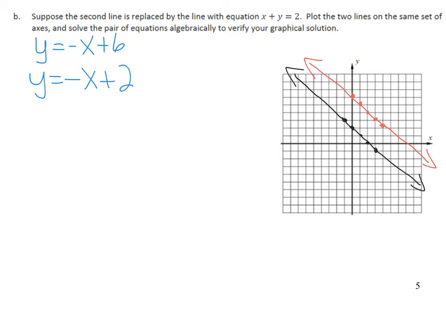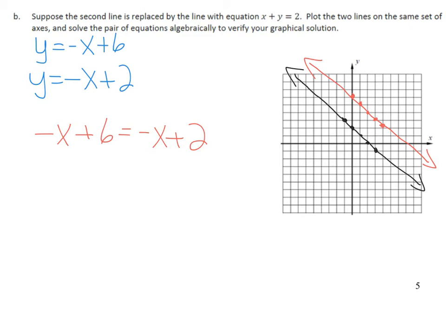Notice with these two lines, they never intersect, and these two lines are parallel since they share the same slope. And we can check this algebraically if we set the two equations equal to each other. So we have negative x plus 6 is equal to negative x plus 2. Since they are both in y equals, we can't just do our substitution and plug those in.